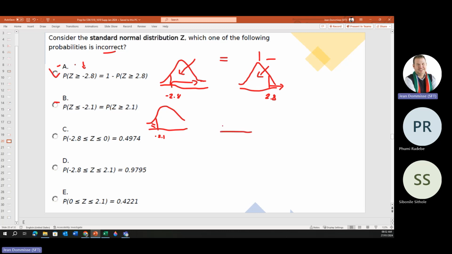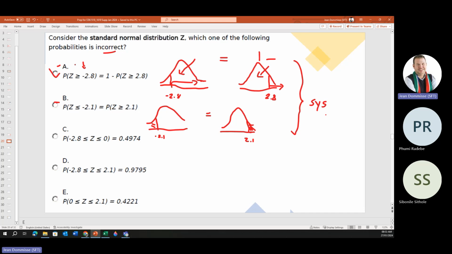And is that equal to Z bigger than 2.1? Yes, it is. So again, if you look at your Z tables, at the value of minus 2.1, the value of bigger than 2.1, exactly the same.